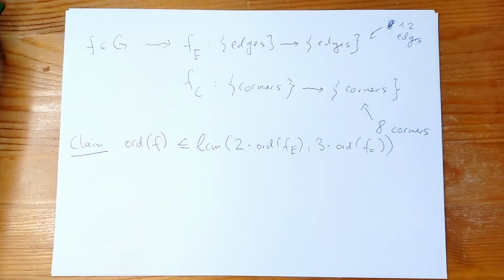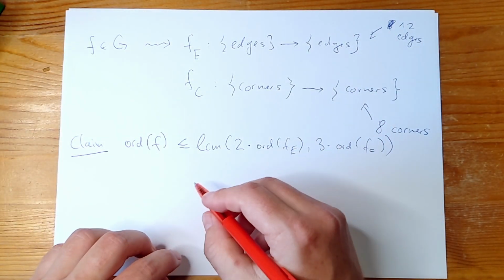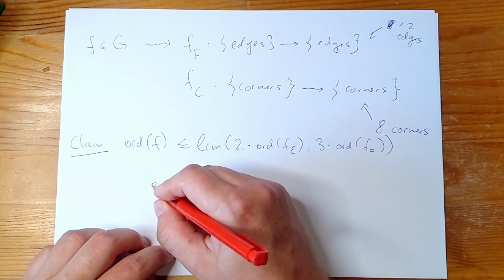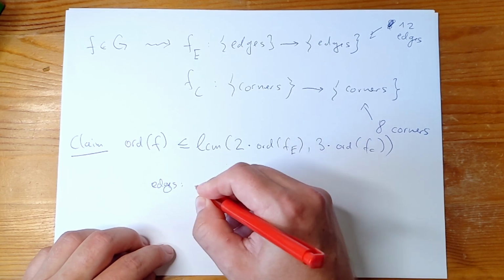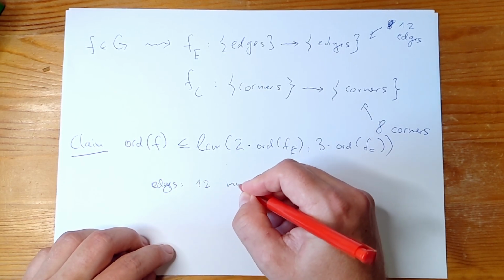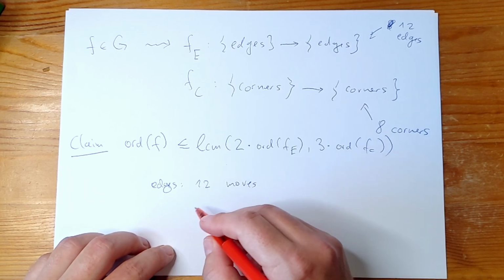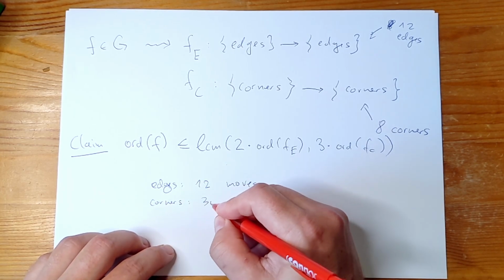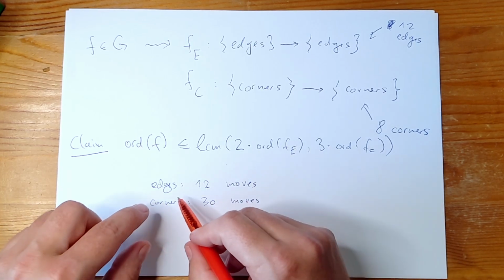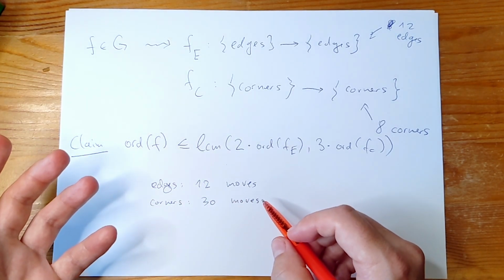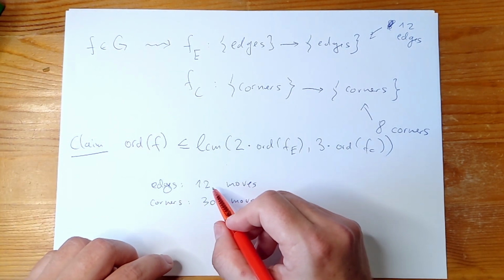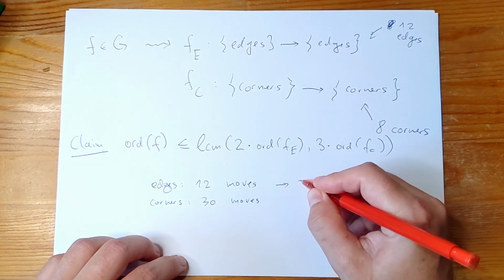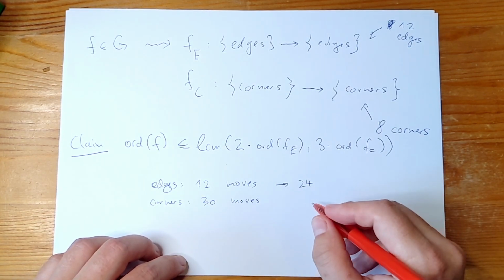For example, if you have restored, let's say, the edges after 12 moves, including the orientations, and the corners, let's say, after 30 moves, when do you have restored the whole cube? Well, you just have to solve the edges again, let's say after 24 moves, right?